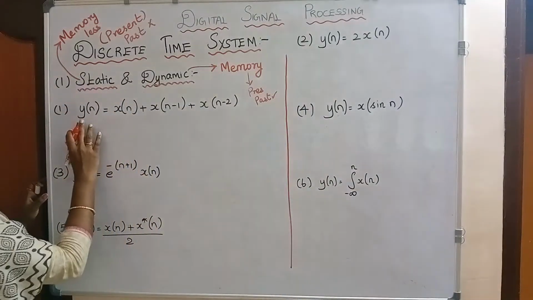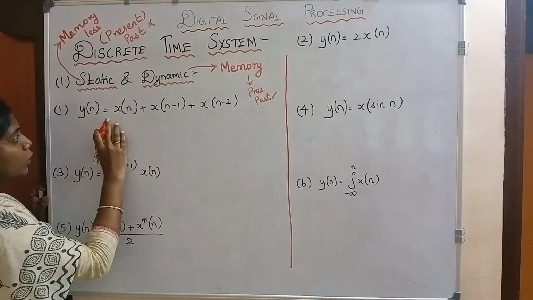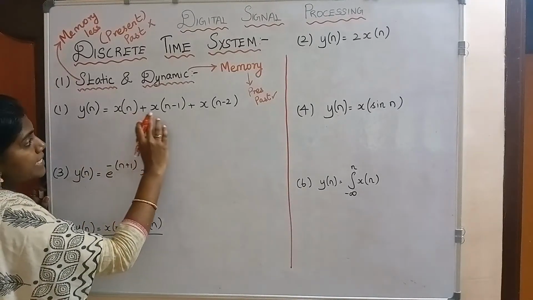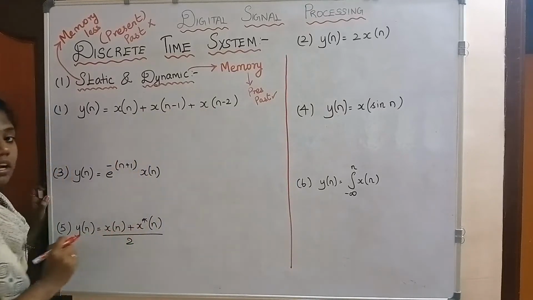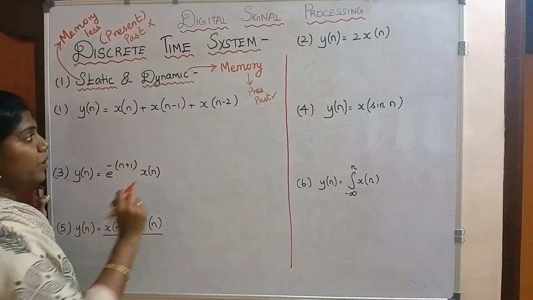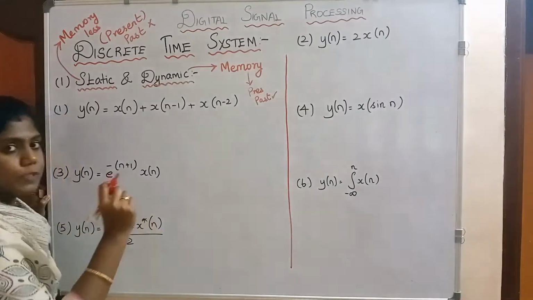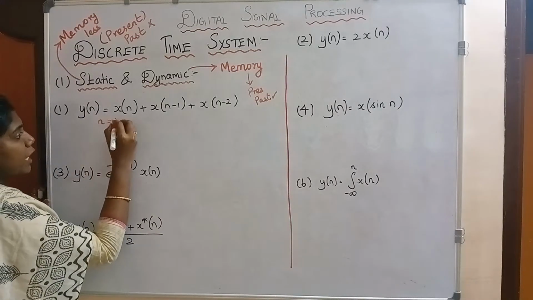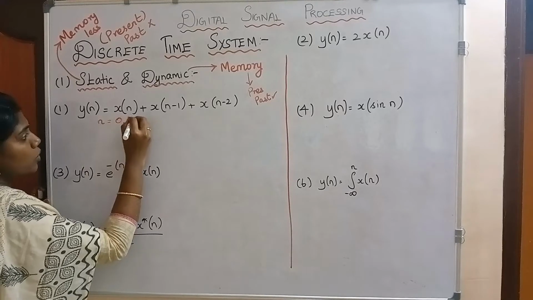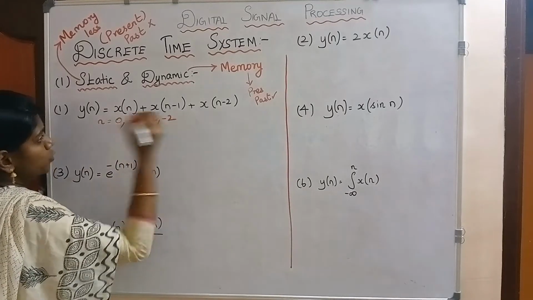Let us consider the system equation y of n equal to x of n plus x of n minus 1 plus x of n minus 2. If the ask is to find whether this is a static system or a dynamic system, how to proceed? Let us see. Let us pass the values n equal to 0, minus 1, 1, 2, minus 2.